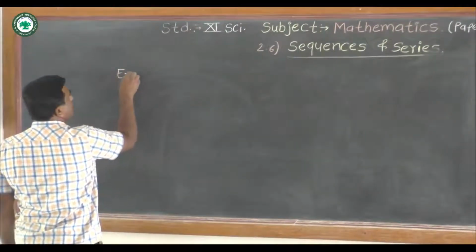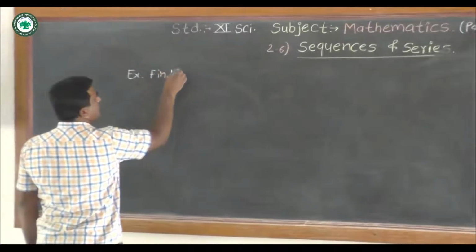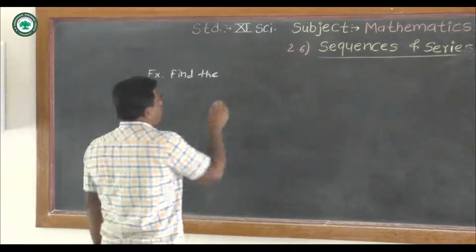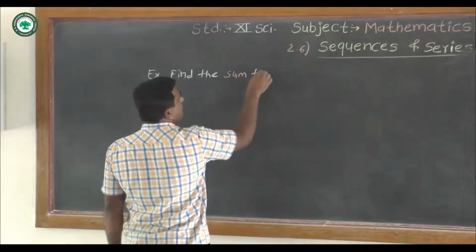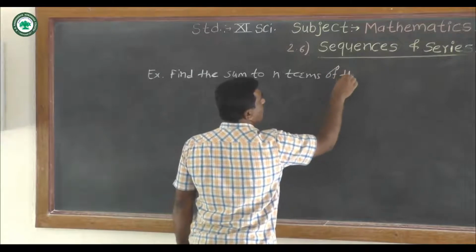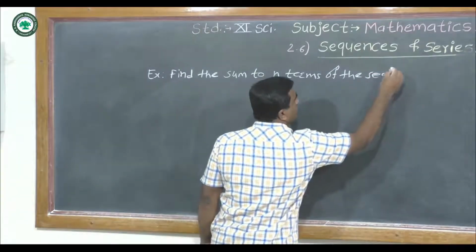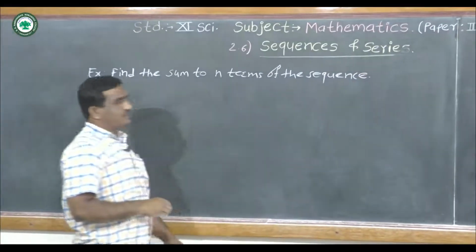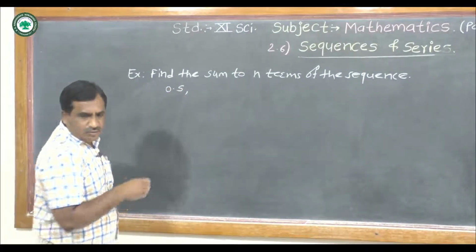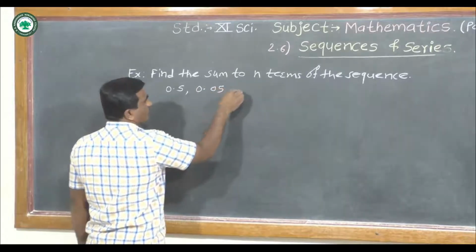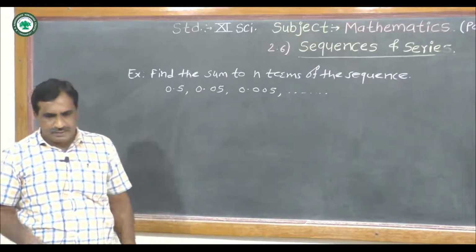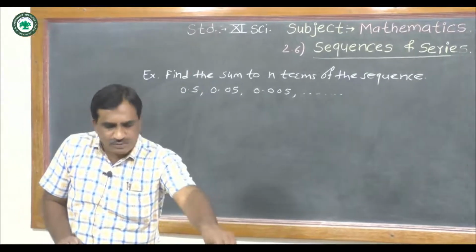The sequence is 0.5, 0.05, 0.005, and so on.